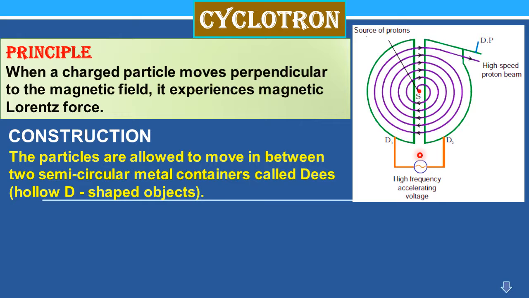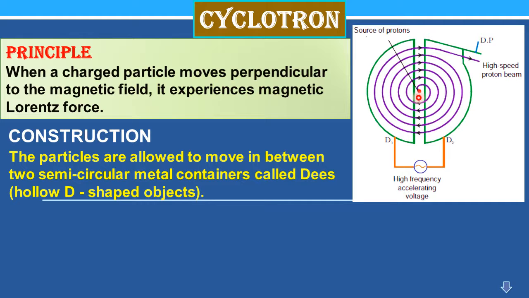Now let's move to the working of the cyclotron. Let us assume that the ion ejected from the source S is positively charged. When we switch on this high frequency accelerating voltage, you receive ions from this source.